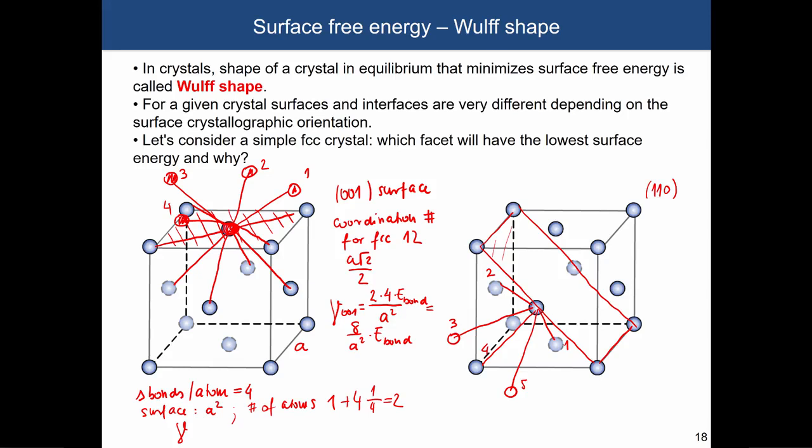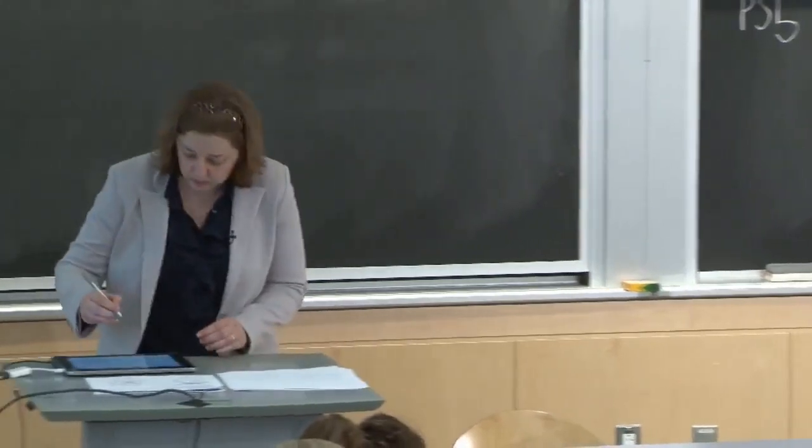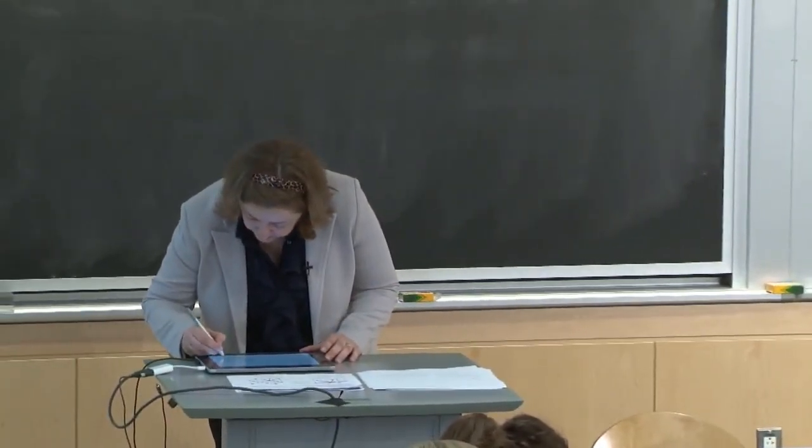So we have to go through the same exercise. We know that this number of the bonds is now 5. We have to calculate the surface and the number of the atoms. So the delta bond per atom is equal to 5. The surface is equal to a square root of 2 times a. And what is the number of the atoms in the 110 plane?